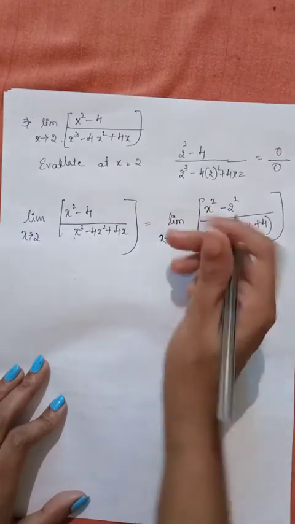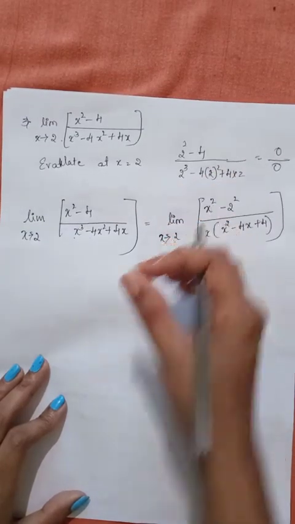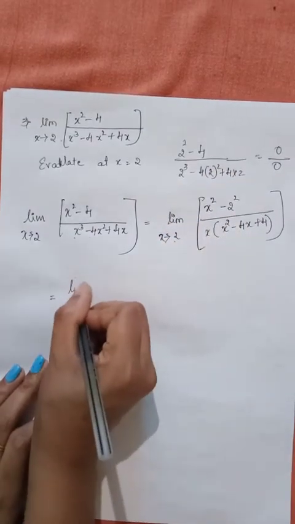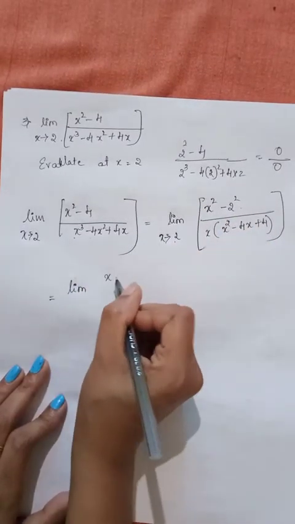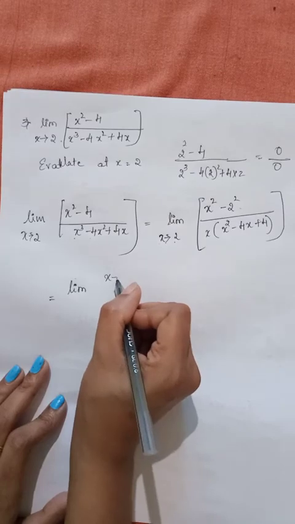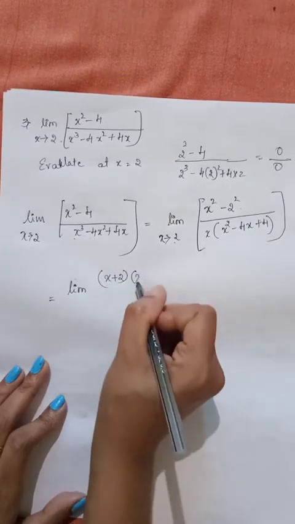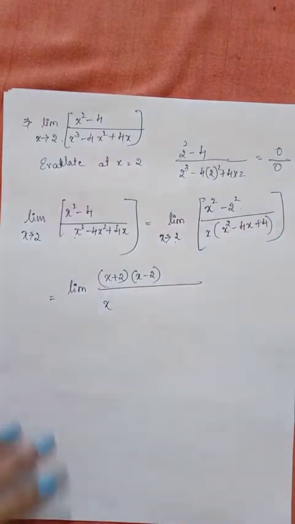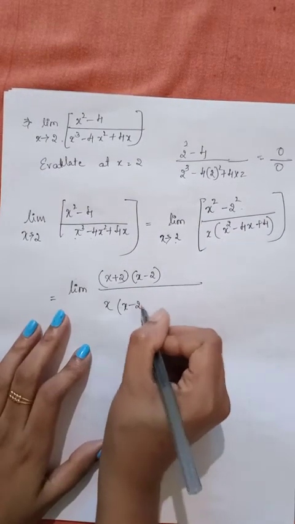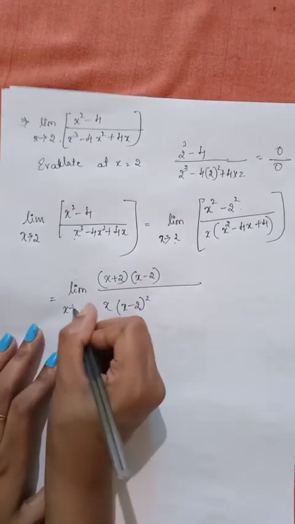This x tending to 2 should be written exactly below the limit. So that is equal to limit of, again the same, here you have to apply the a square minus b square formula. So it is (a plus b) into (a minus b). So (x plus 2) into (x minus 2) divided by, in the denominator here you have to apply the (a minus b) whole square formula. So it is x into (x minus 2) whole square as x tends to 2.